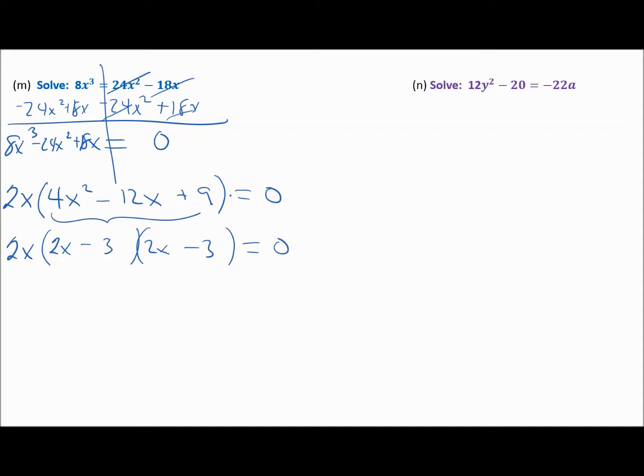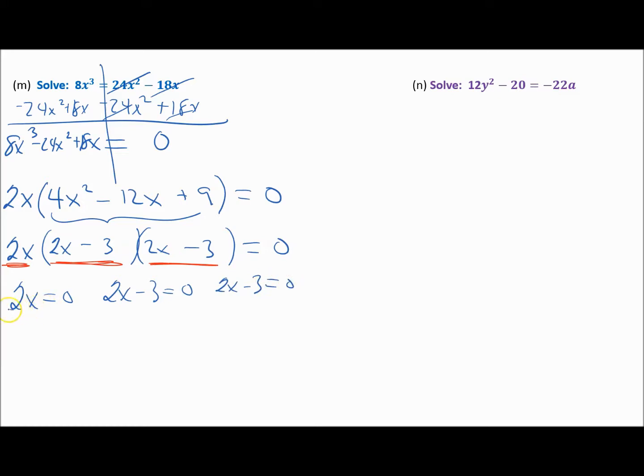Okay, but now look, I've got 3 separate factors. I'm going to underline for you so you see there's a factor, there's a factor, and there's a factor. I'm required to set all 3 of those factors equal to 0. So I set 2x equal to 0, 2x minus 3 equal to 0, and 2x minus 3 equal to 0.